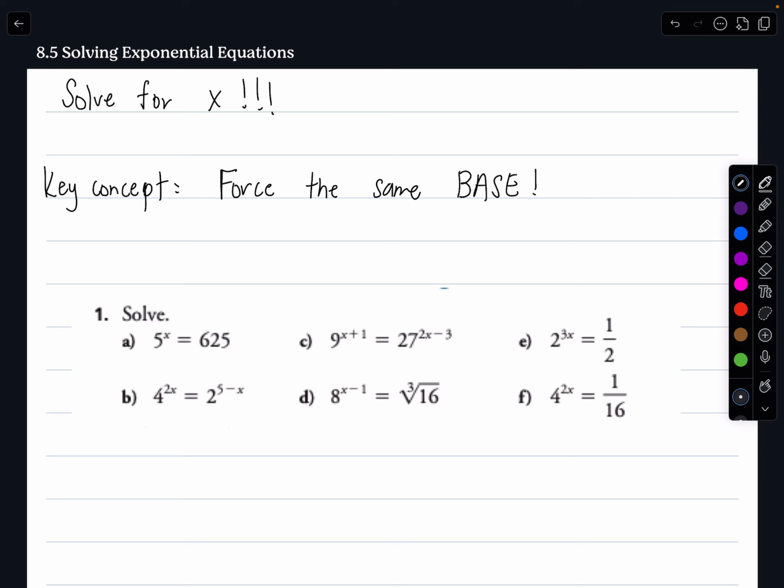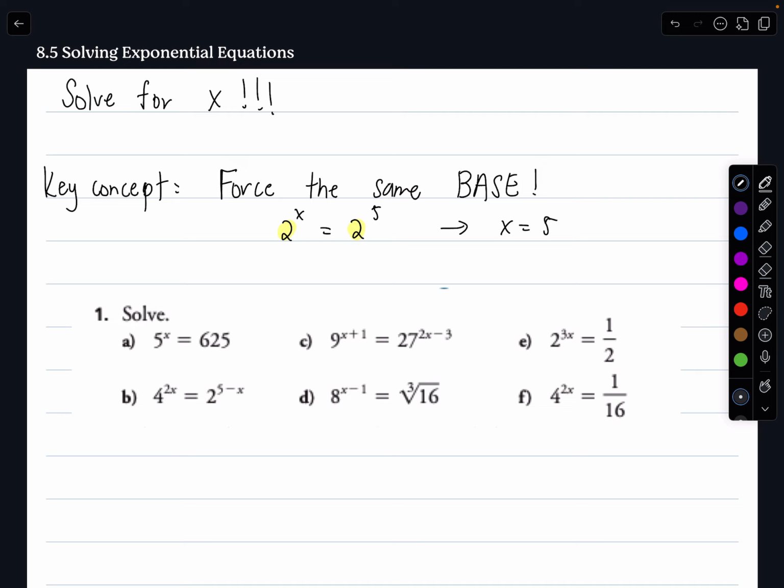The way we're going to solve these is we're going to force the same base, because if two exponential functions, for example, let's say 2 to the x is equal to 2 to the 5, have the same base, then we can pretty much just make our exponents equal to each other, and that's how we solve for x. If we don't have the same base, we can't do that. A lot of these questions, guys, are going to bait you into this. They want you to figure out what the same base is so that you can solve for just the exponents.